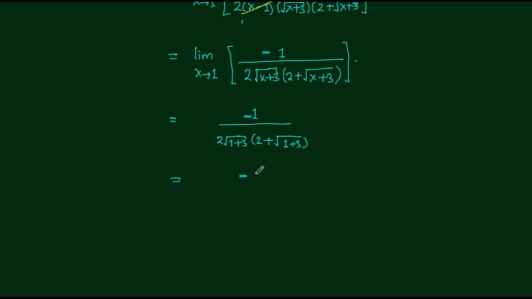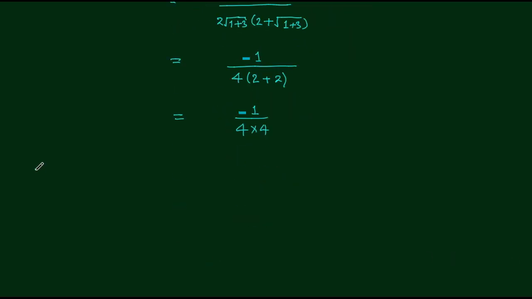So the numerator remains as 1. Now here 1 plus 3 is 4, and the square root of 4 is 2. 2 times 2 is also 4. So this term is 4, and then we have 2 plus also now 2, because we have here 4 under root, which simplifies to 2. So when you work out the bracket first, you realize we have 4 times 4.